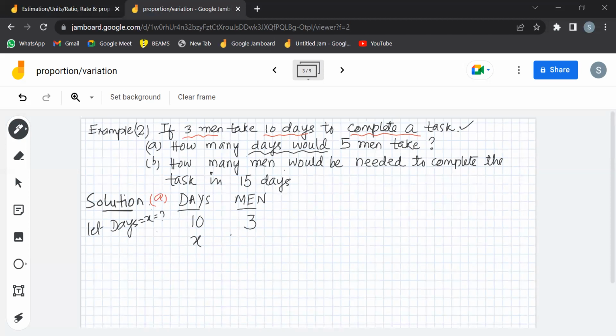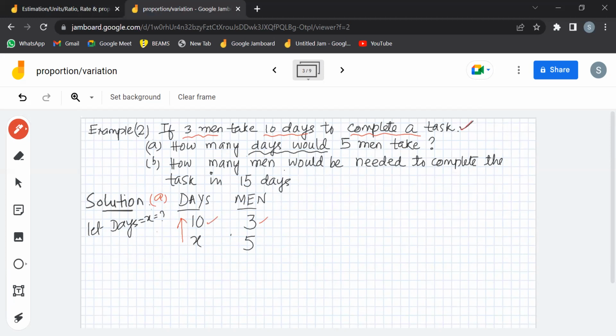How many days would 5 men take? Again, the method is you draw the arrow starting from the variable, the unknown, towards the other, so from x to 10. Next, we need to check which proportion this is, direct or inverse. So 3 men can complete a task in 10 days.